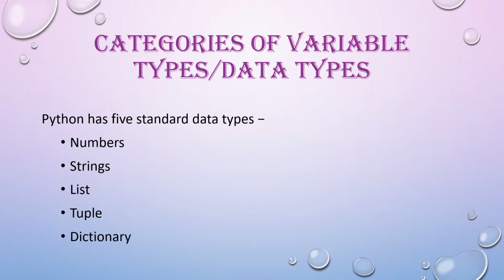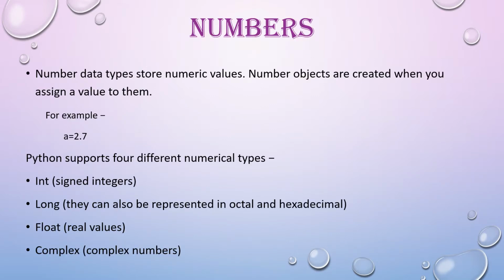Now we will see categories of variable types or data types. So Python has 5 standard data types named numbers, strings, list, tuple and dictionary. We will discuss numbers in this video, and further topics are discussed in later videos. So what are numbers?